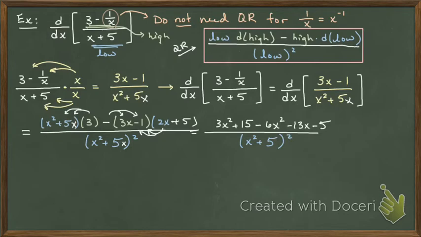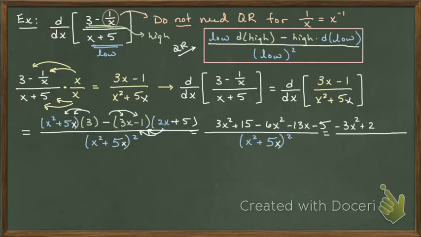And that's all divided by x squared plus 5x quantity squared. Okay, because I left that x out, it kind of messed everything up. I apologize. But here we go. All that's left to do is combine terms in the numerator. So nothing too fancy.